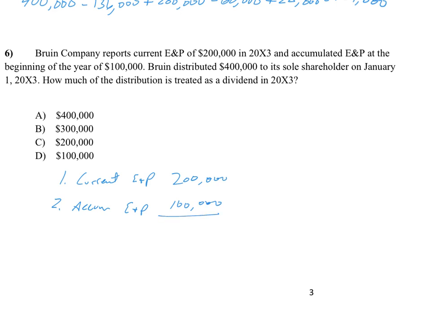So what is our total E&P? Well, our total E&P is $300,000. And what do we know? We know that that distribution, the part of it that is equal to our E&P, can be treated as a dividend. So that means that 300,000 would be treated as a dividend.